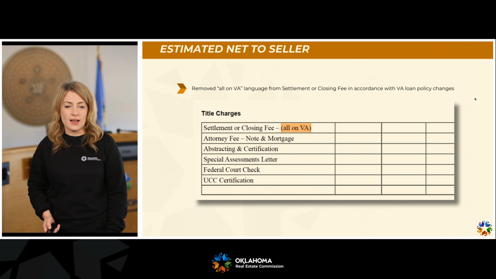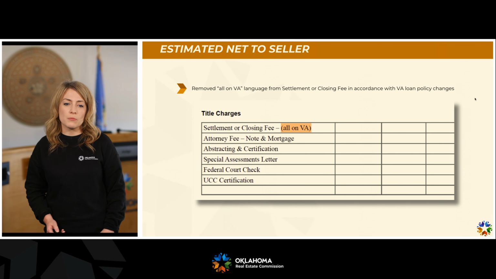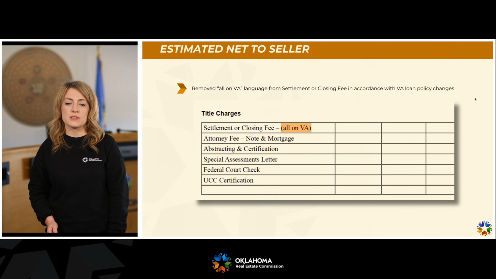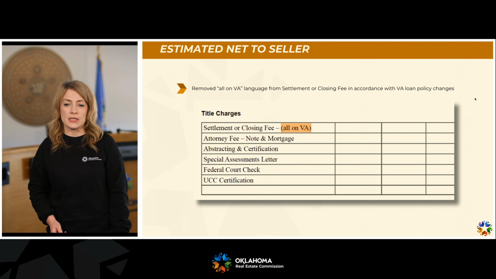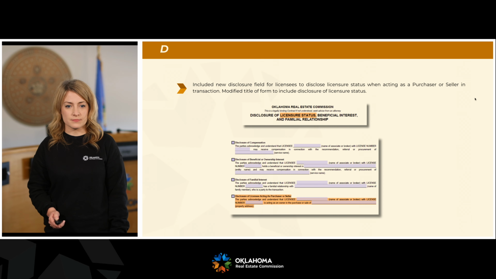Thank you, Patrick. To keep us going on the estimated net to seller, we removed the all on VA language from the settlement or closing fee table in accordance with loan policy changes from the VA itself.